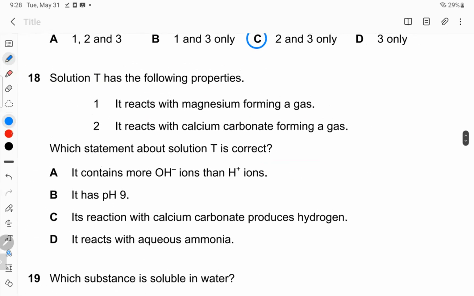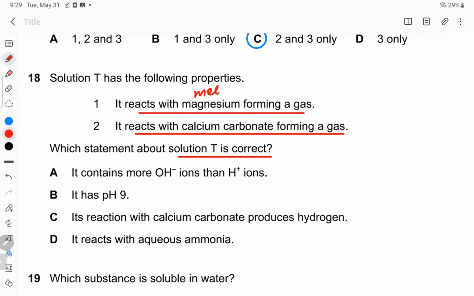Solution T has the following properties. It reacts with magnesium forming a gas. It reacts with calcium carbonate forming a gas. Which statement about solution T is correct? If it is reacting with magnesium, which is a metal, and forming a gas, then the gas will be hydrogen gas, so it is an acid. And here we have a metal carbonate.